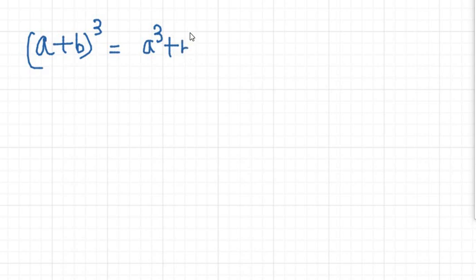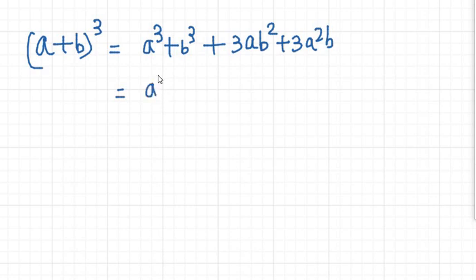Next is what is A plus B whole cube? A plus B whole cube is equal to A cube plus B cube plus 3AB squared plus 3A squared B, or this can be written as A cube plus B cube plus 3AB into A plus B. I can write like this also.